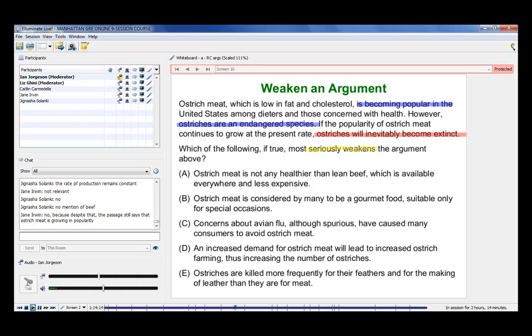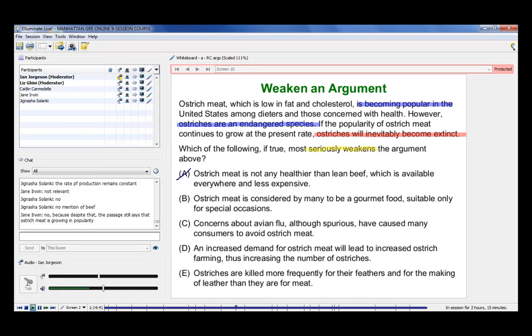Jane, very good point. Here's what I want you guys to see. Answer choice A doesn't attack the argument. Answer choice A contradicts a statement in the passage, not the statement about healthy. It may or may not be healthier than lean beef. But answer choice A attacks the statement that it's becoming popular in the U.S., right?